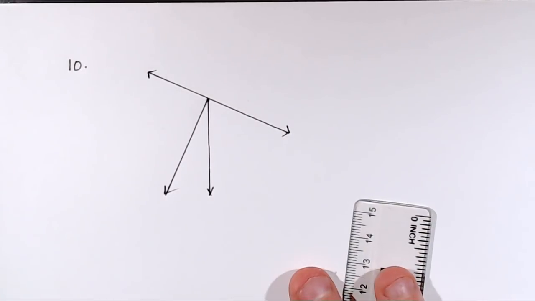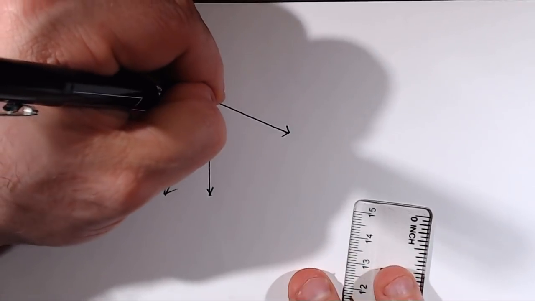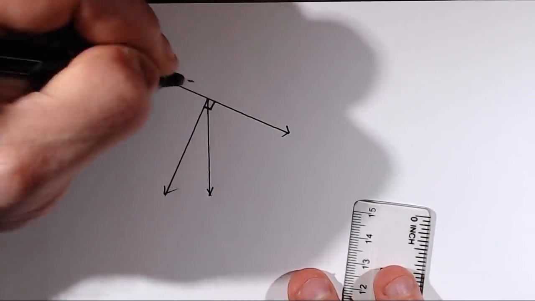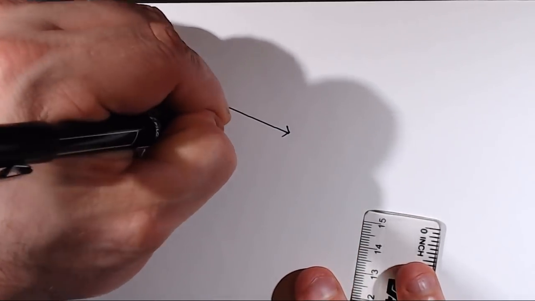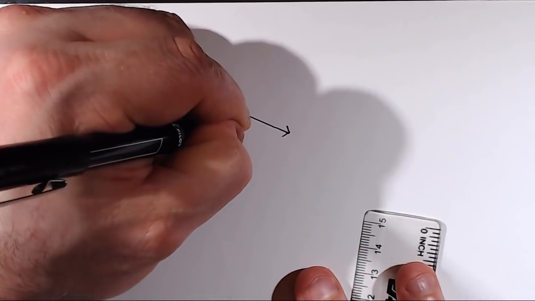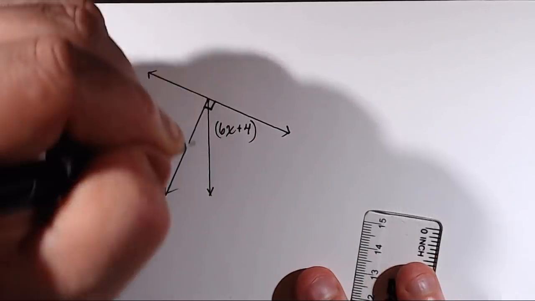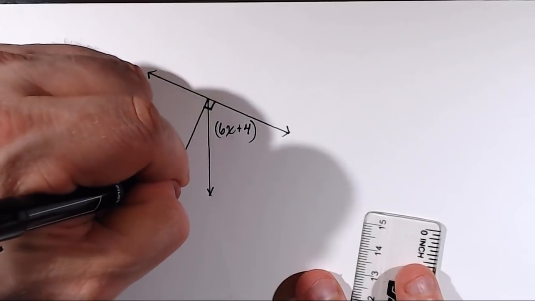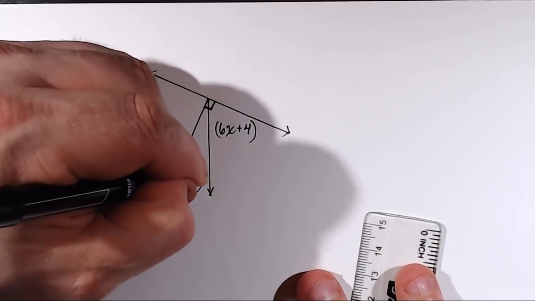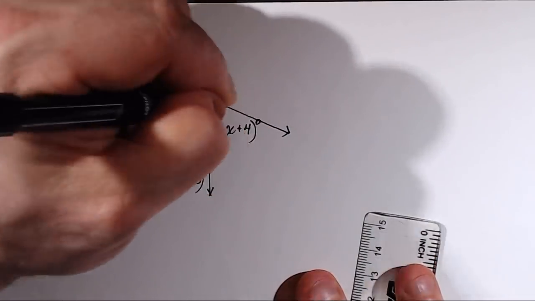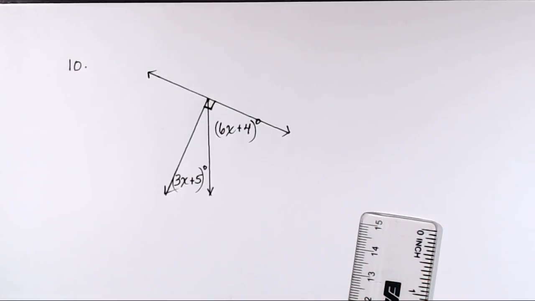We are given that this is 90 degrees, indicated with that little square. Here we're given 3x plus 5 degrees, and 6x plus 4 degrees, and we're asked to find out what is x.